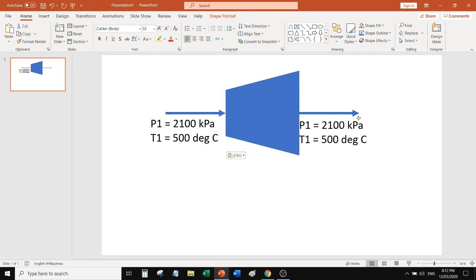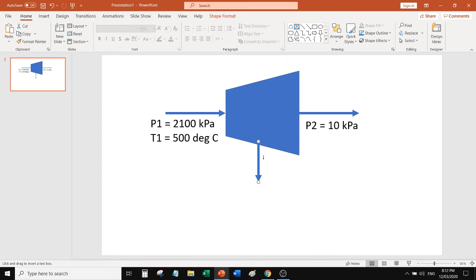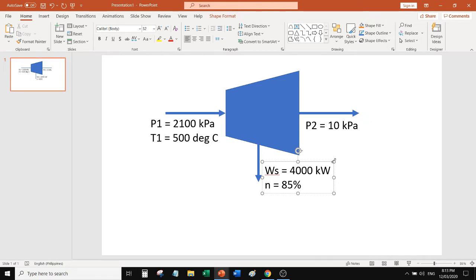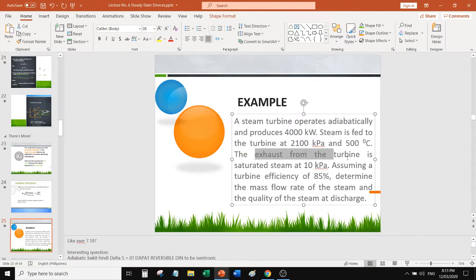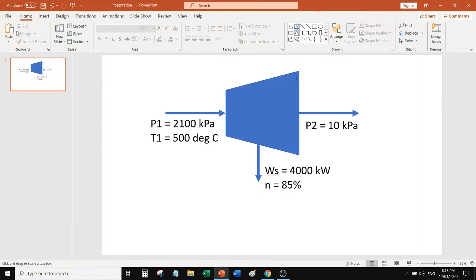Then P2 is 10 kilopascals. The work shaft produced is 4,000 kilowatts, and the efficiency is 85%. The problem also says the outlet is saturated steam, so the condition here is saturated steam.